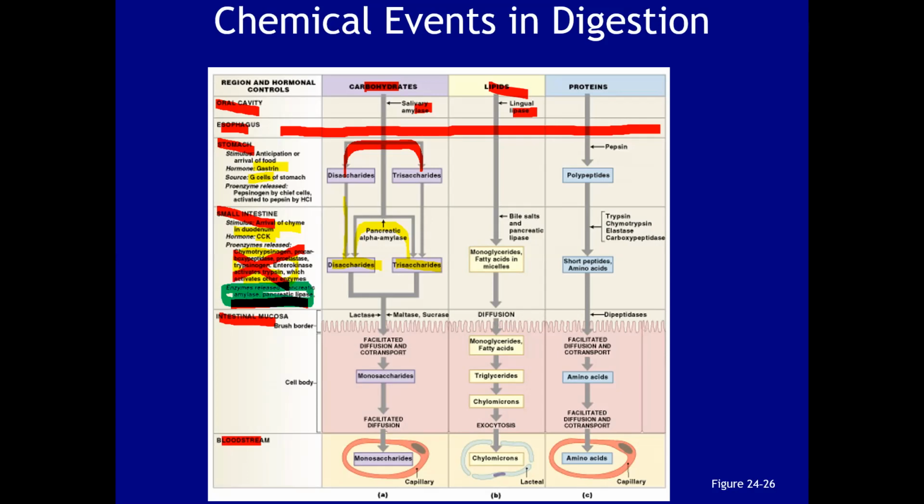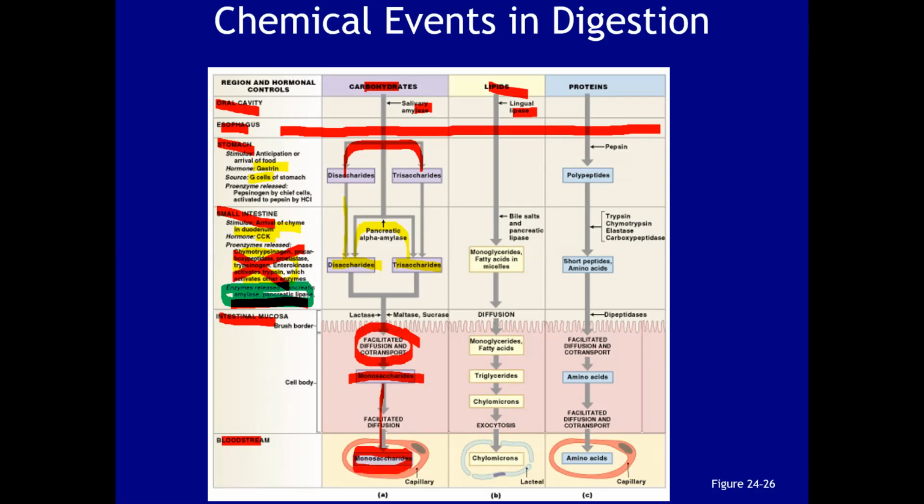Then when we get to the mucosa of the intestine, we've broken down the disaccharides and the trisaccharides with lactase and maltase and sucrase. Then what happens to them? Via facilitated diffusion and co-transport, the monosaccharides that are produced are going to go into the bloodstream as monosaccharides.